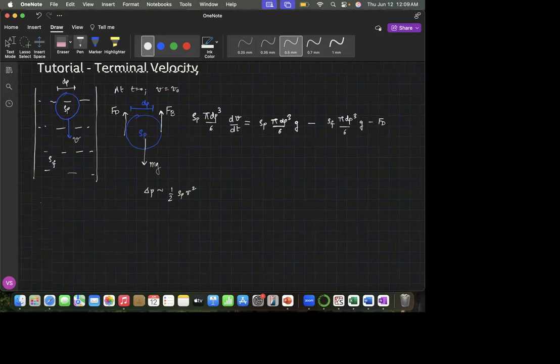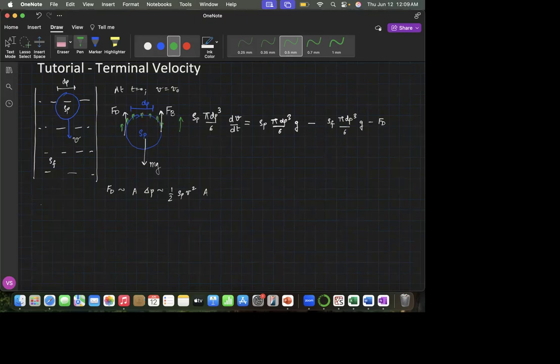Since the force is nothing but the area times pressure, this is going to be half rho_p v squared times the area. When we are talking about the area, since the pressure acts in the normal direction and the drag force is acting in this direction, we are going to consider the pressure acting in this direction itself, right?